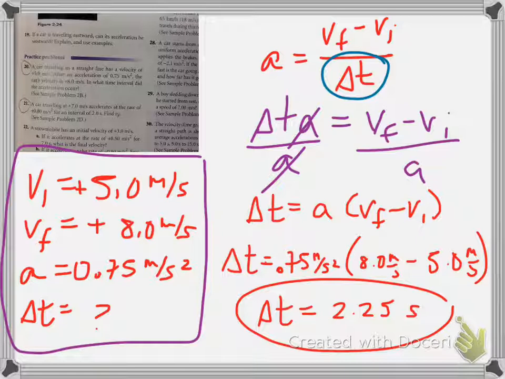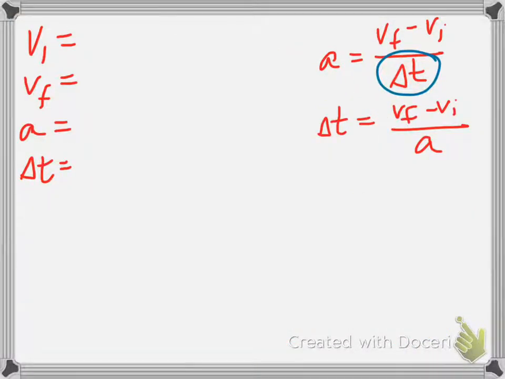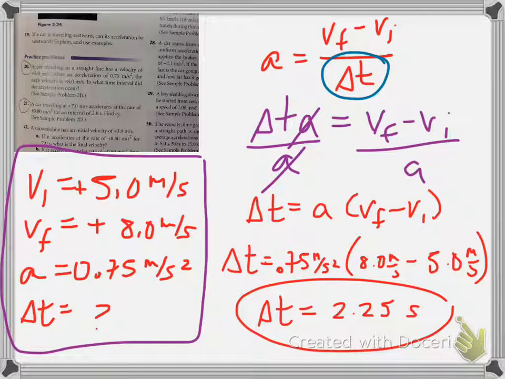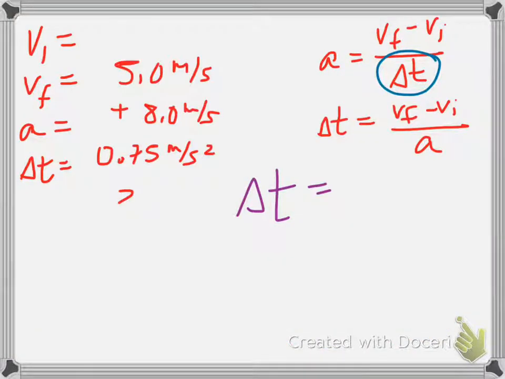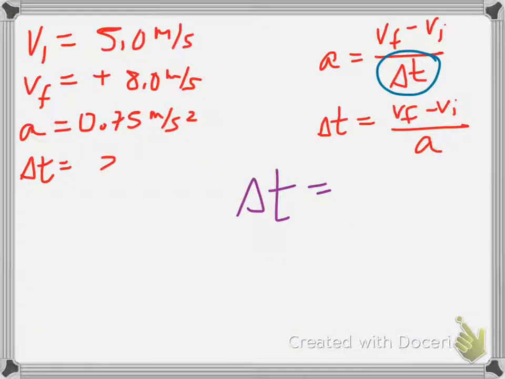So once I'm busted, then on the next slide, I'm going to have the correct solution, and I guess I didn't get it finished. Whoopsie. Copy that, paste that. There, good enough. Equals 8 minus 5 divided by 0.75.